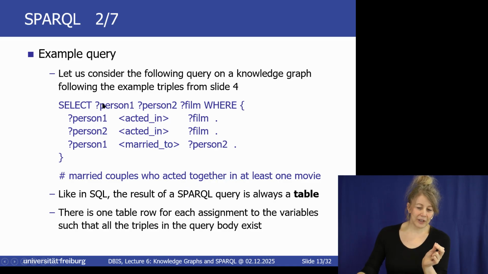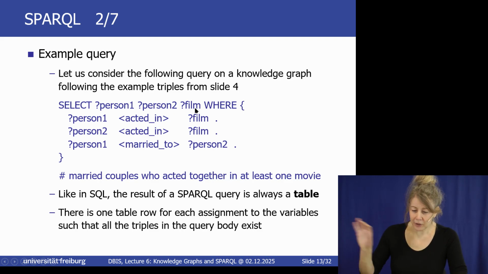What's the result table? You will get one row, and each row will assign a value to each of these 3 variables. It can also leave a value assignment empty. We will not talk about that here. And the assignment is such that all 3 triples exist.